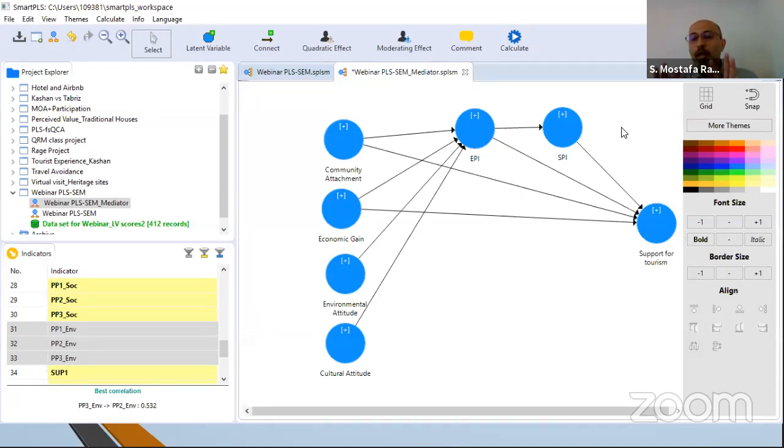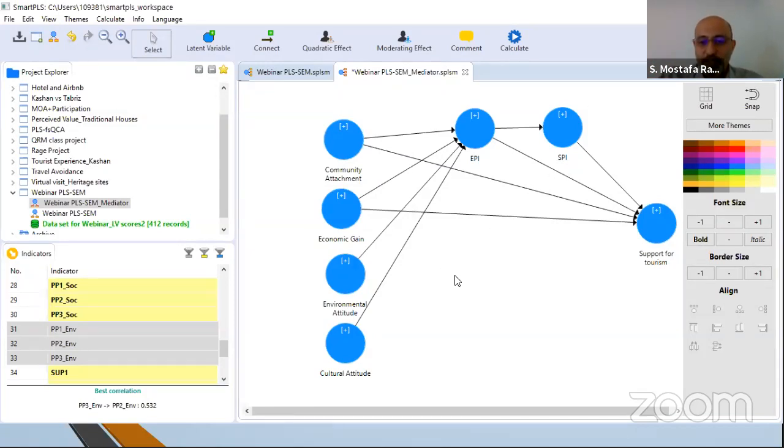Now I'm not talking about the form of your relationship. I said if you have mediation hypotheses, you have to support different paths, the different parts of your mediation hypothesis, based on theory.